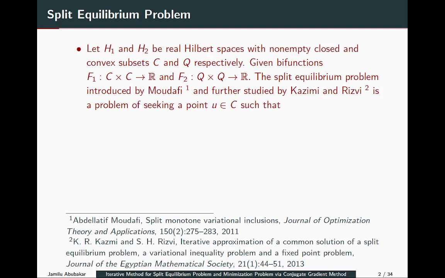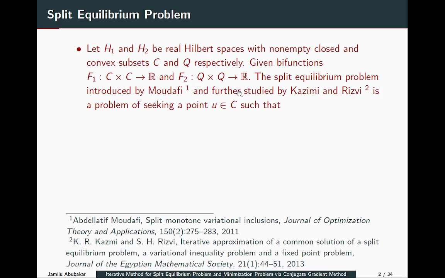So I want to recall the definition of a split equilibrium problem. Suppose we have H1 and H2 to be two real Hilbert spaces with closed and convex subsets C and Q respectively, and also F1 and F2 to be bifunctions.